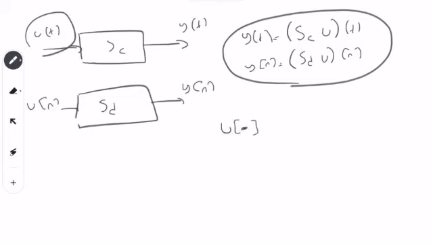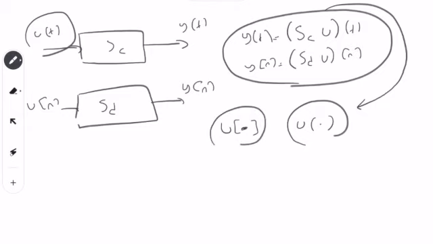Instead of just writing t, our S_C is applied for all u, and that means that we are taking into account all of the time. In discrete time, S_D is acting for all u. The input is all of the inputs, and the output can depend on the input at any time. This gives a dynamical dependence on previous or future inputs.